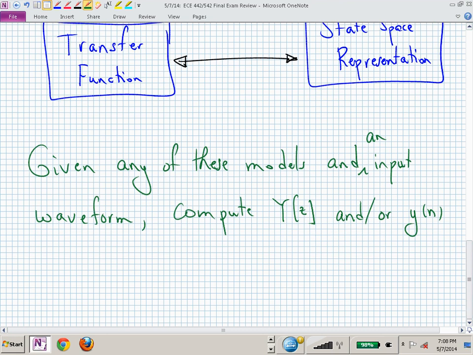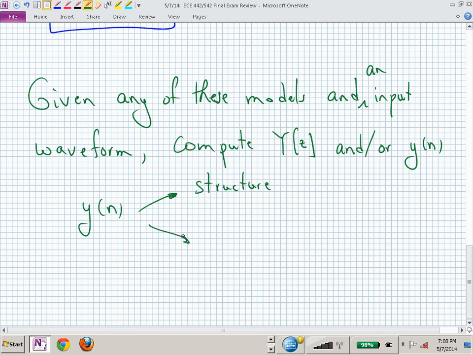And if you have y of n, maybe I'll ask you different things. Maybe I'll simply ask you for the structure of y of n. Maybe I will ask you for the complete solution. You need to be able to do any or all of those problems.